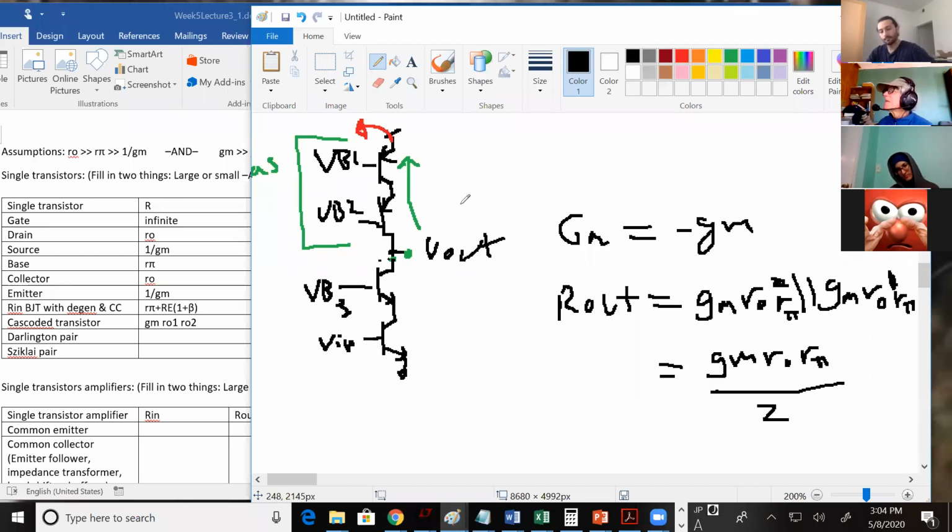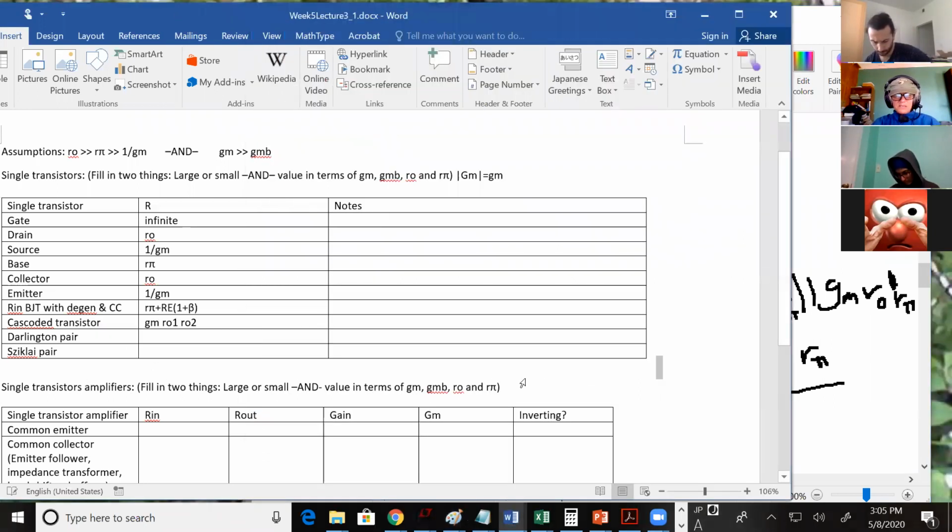Let me just keep it as paths to supplies, even though I don't like that answer. I'll try to do better. Let me add that in. I'll change that. I'll try to come up with a better way to say that. But for these, you're really looking from the output to the supply, not through the bias, not to the biasing circuitry, but I need a better way to say that.